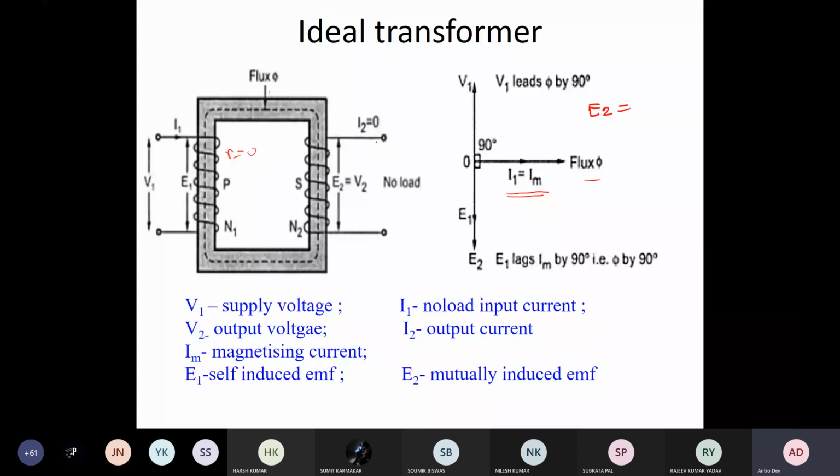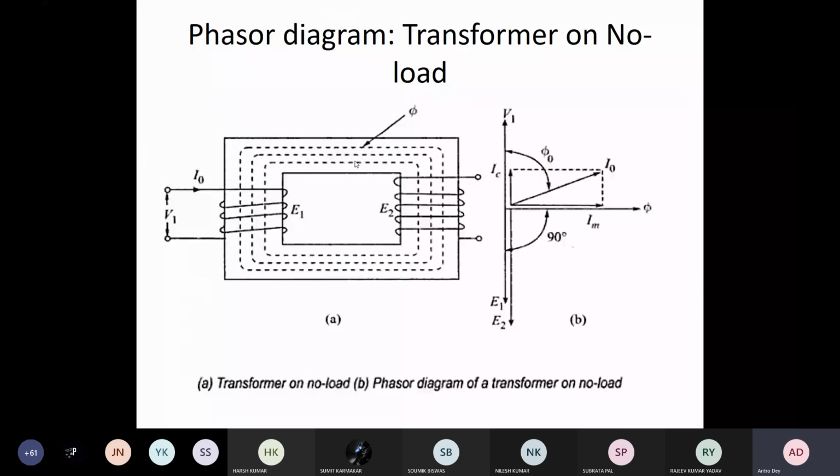But whenever you consider the leakage and whenever there will be load, the phasor diagram will completely change, and you will get a different phasor diagram, which I don't want to discuss today. Maybe in the next class I'll discuss the phasor diagram of the transformer on no load with the core loss component.